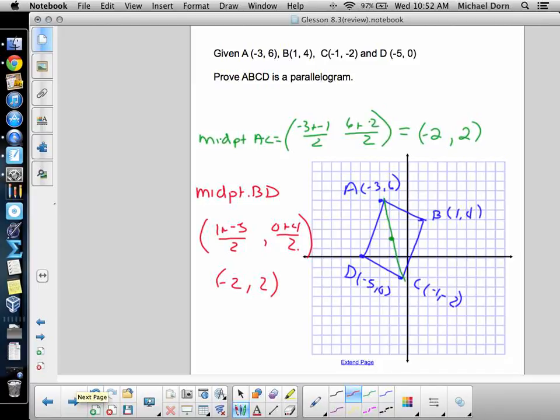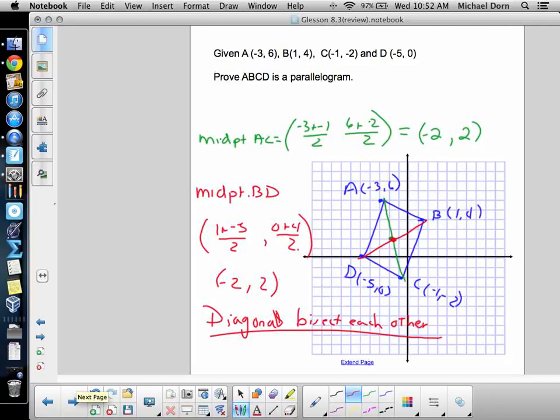Aha! Same midpoint, diagonals bisect each other. All done. Because they both have that same midpoint at negative 2, 2.